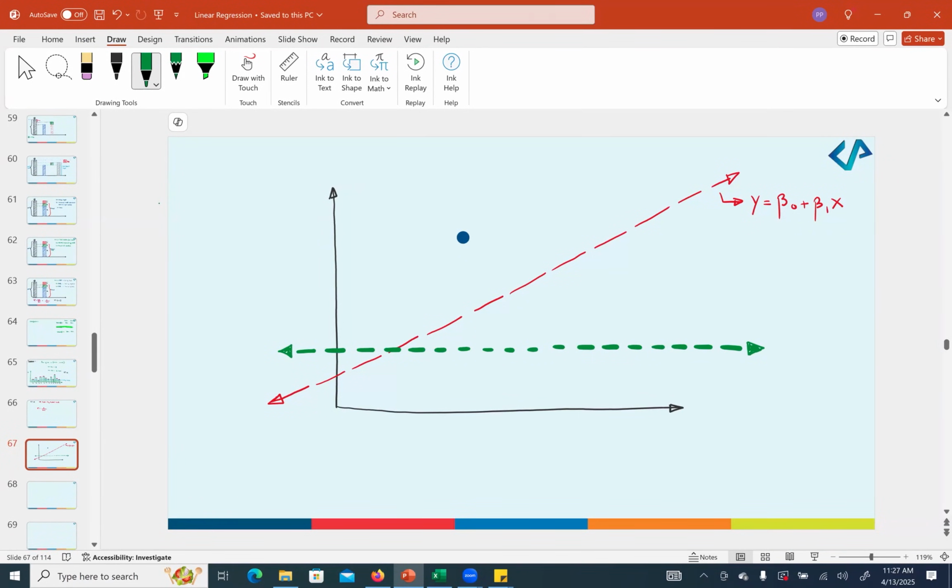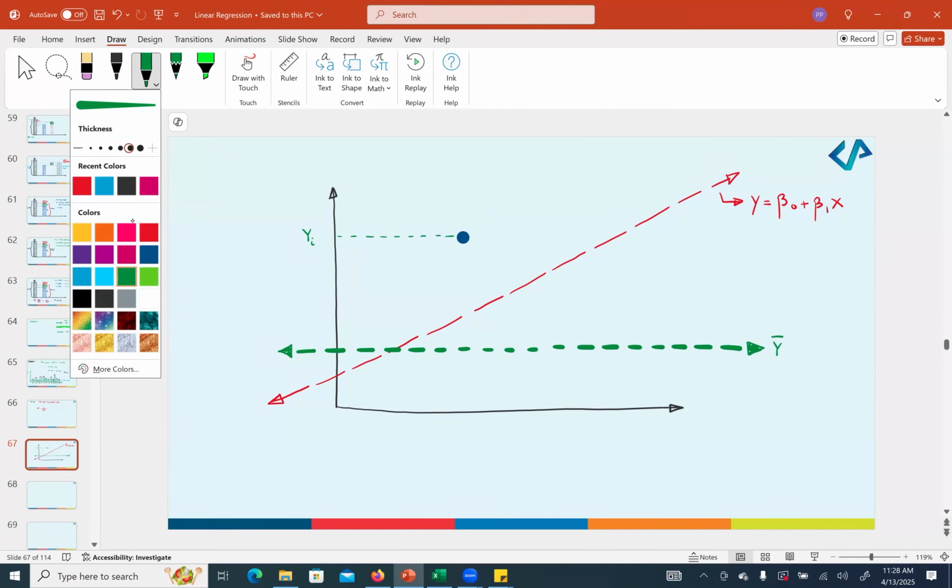Now let me draw the average line. If this is my average line, let's call it y mean. This is what the actual value is, let's call it yi. Where will be my predicted value?